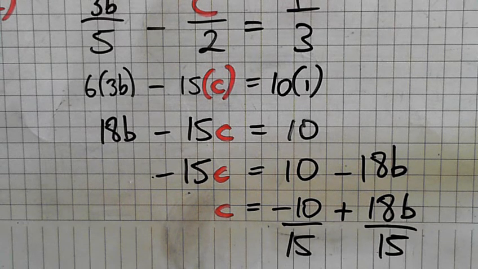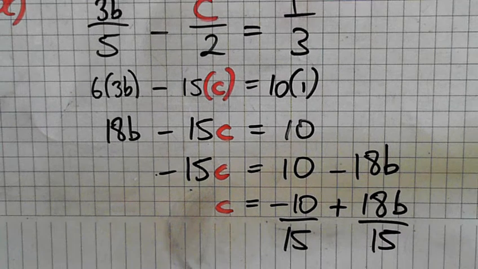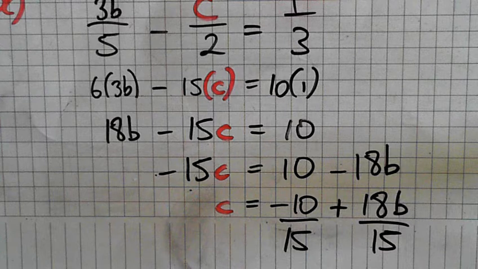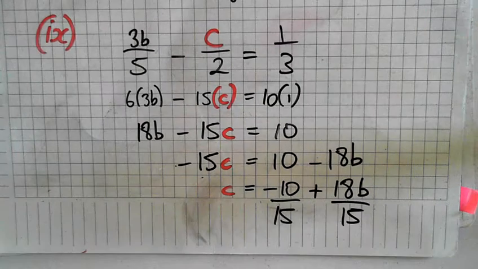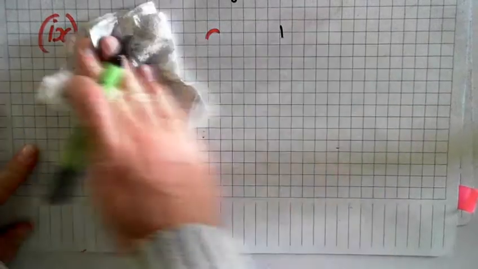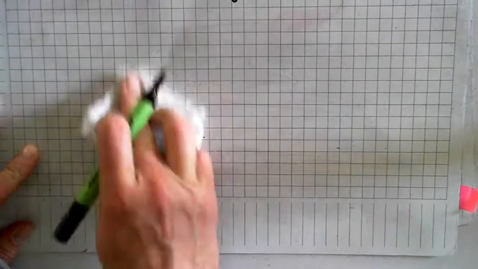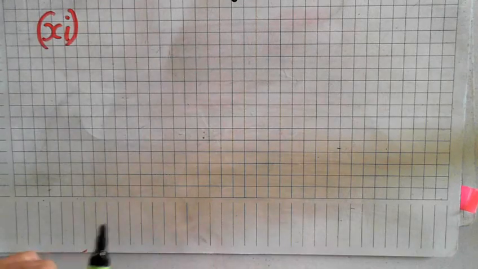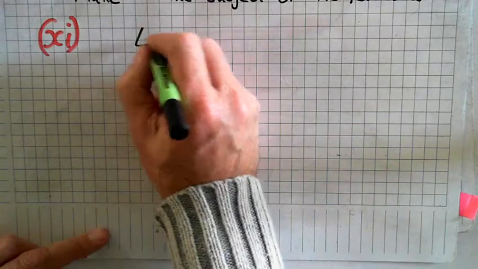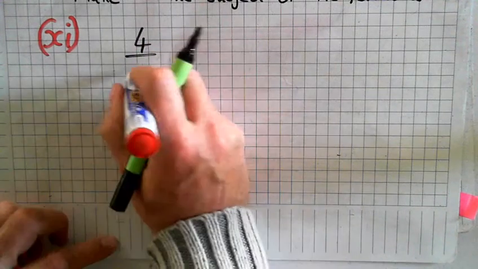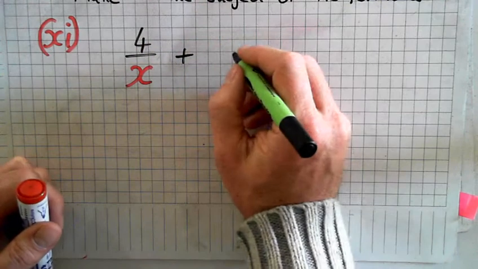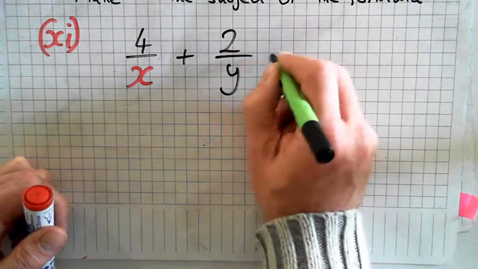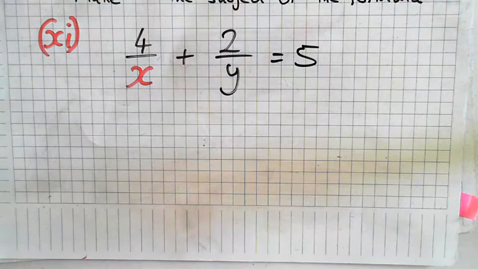Right, so it's 4 over x plus 2 over y is equal to 5. Now how do you write 5?